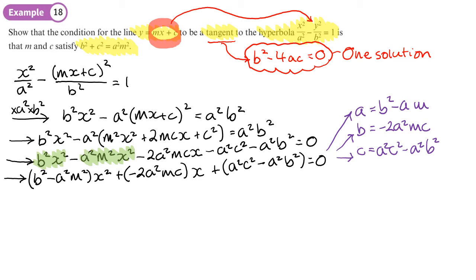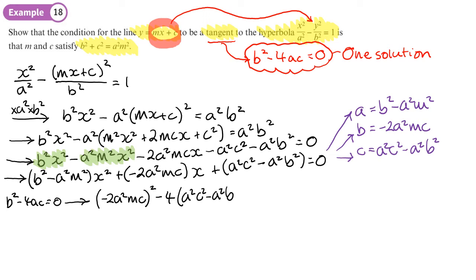Right, so let's do that then. So now we're doing the b squared minus 4ac equals 0. So that will be negative 2a squared mc all squared as my b squared, minus 4 times a, which is this, times by 4ac.